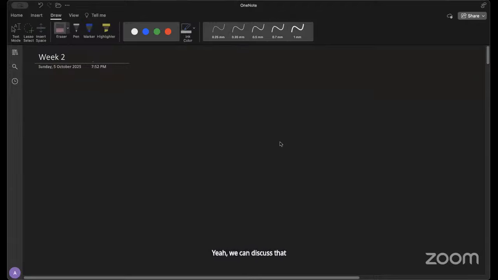It will be a kind of revision also. Parallel and perpendicular lines? Yes, okay, so we'll start with that then.